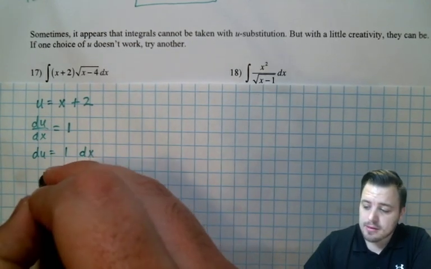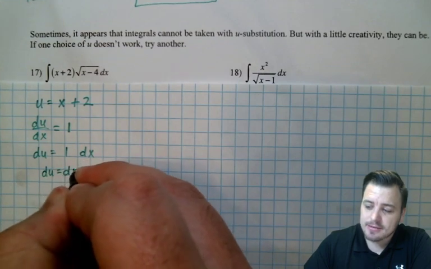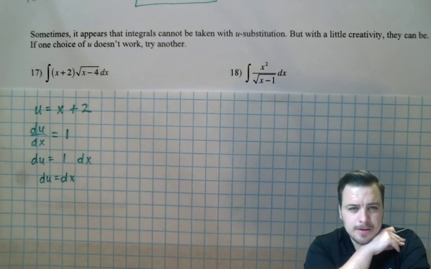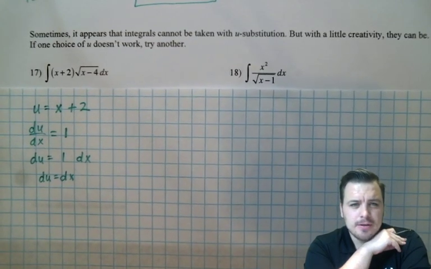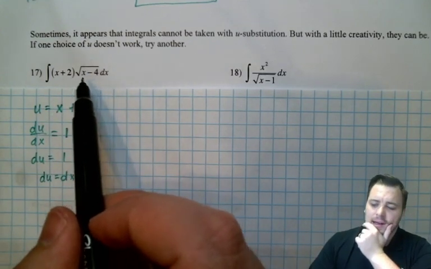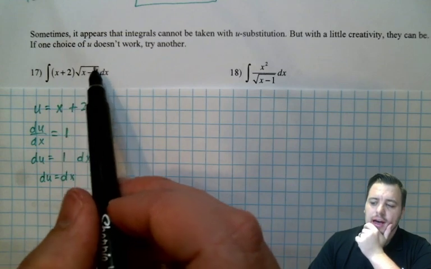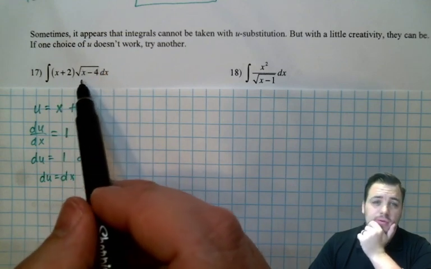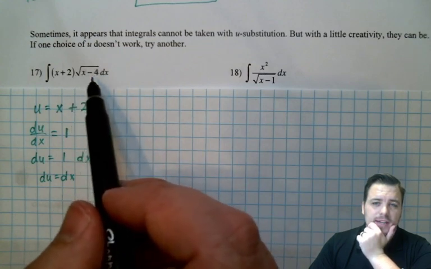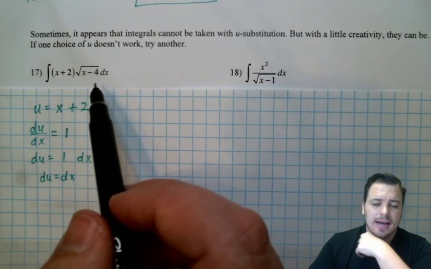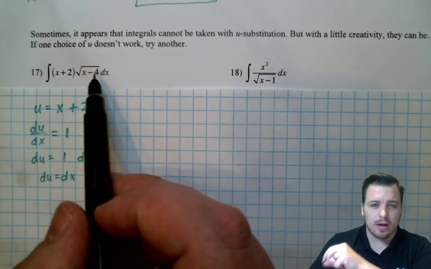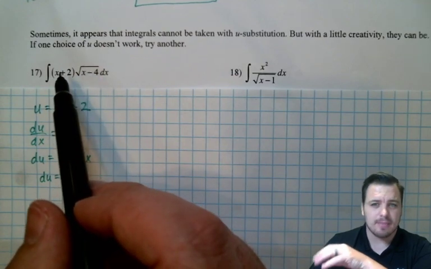Or we could literally say that du is equal to dx, really. Okay? So if x plus 2 is my u, I would need to multiply this right here times the reciprocal of x minus 4, which I can't do because it has a variable with it, and I can only multiply integrals right and left by a constant.